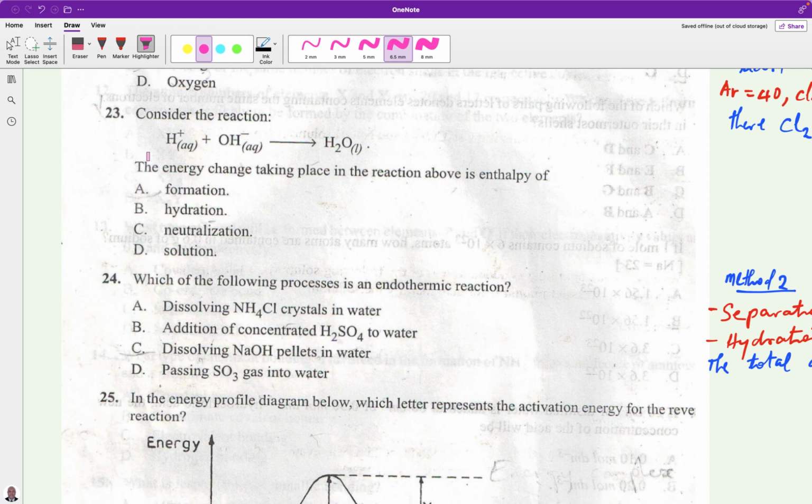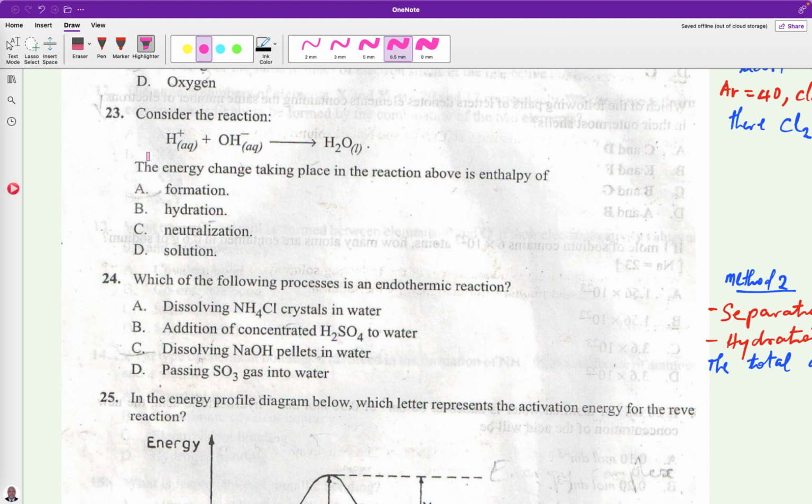Yes, you may look at it as enthalpy of formation, but enthalpy of formation is not in aqueous solution like that. Is it enthalpy of hydration? It's not enthalpy of hydration, because here it is involving an acid and a base. That is a proton and an OH reacting to form a molecule of water.